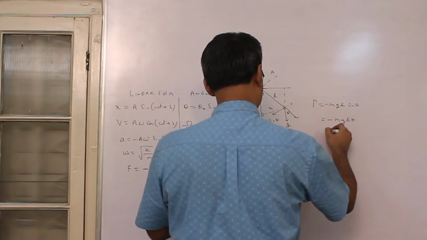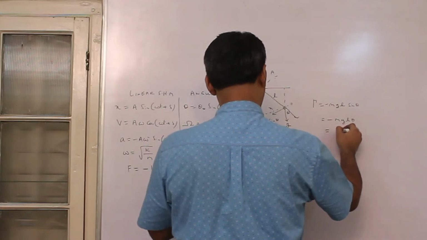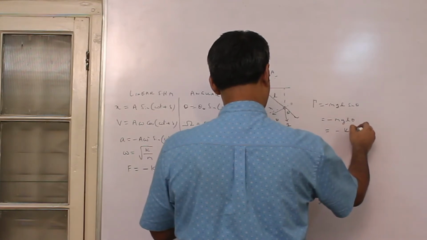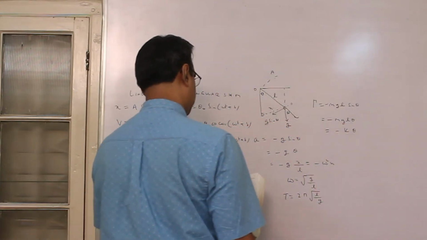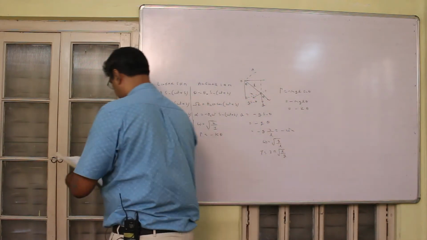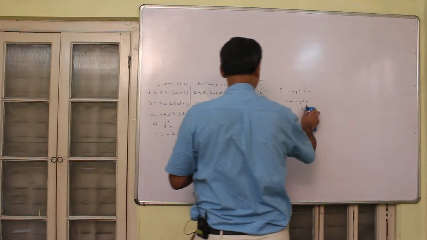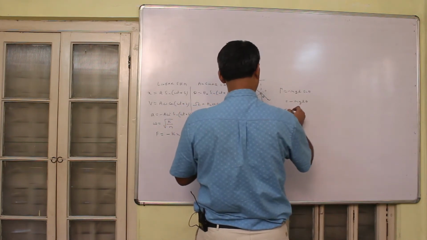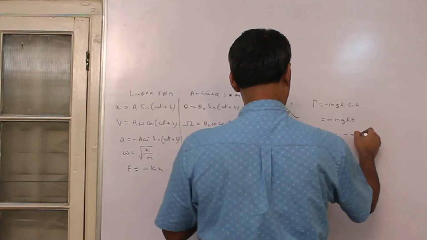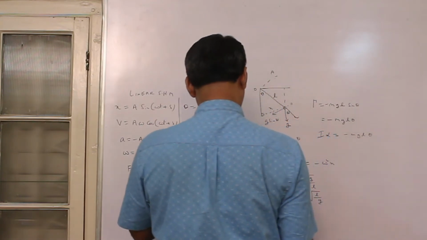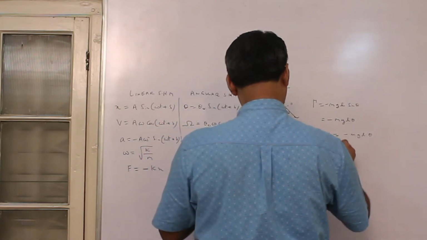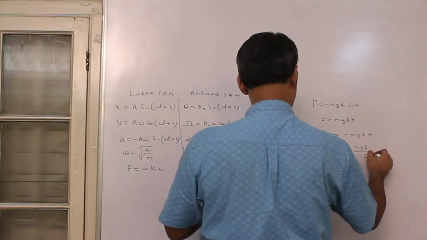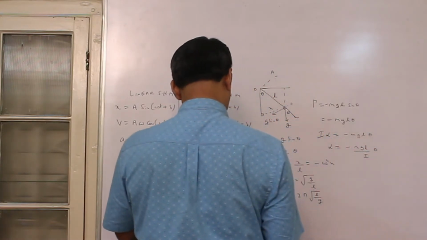Now we know that torque is equal to minus k into theta, or we can say I alpha is minus mgl into theta. So alpha is minus mgl by I into theta.